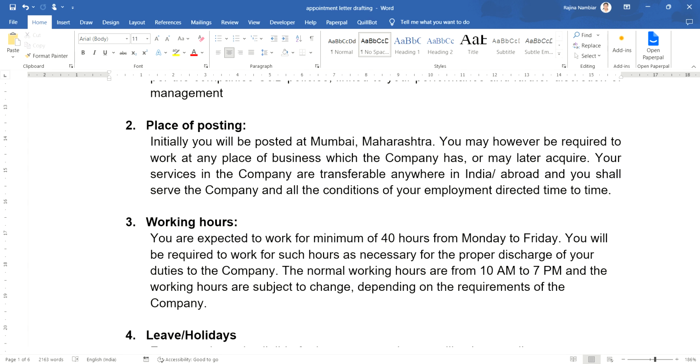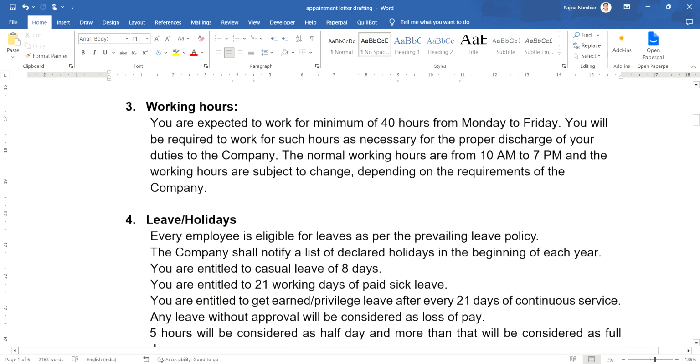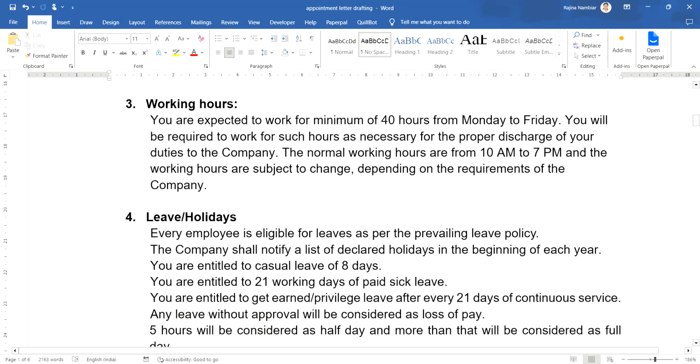Then working hours, leave policies, all these depend upon the Shops and Establishment Act of that particular state. So I have taken it as Maharashtra, so based on Maharashtra's Shops and Establishment Act, I have done this working hours and leave policy. Generally a minimum of 40 hours is expected in a week's time, Monday to Friday.